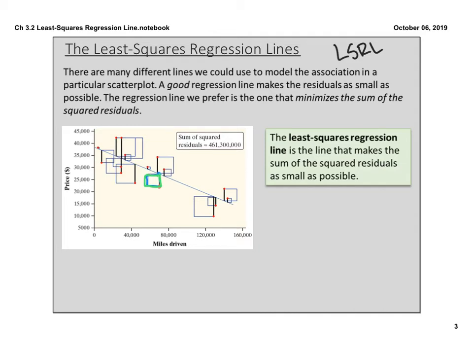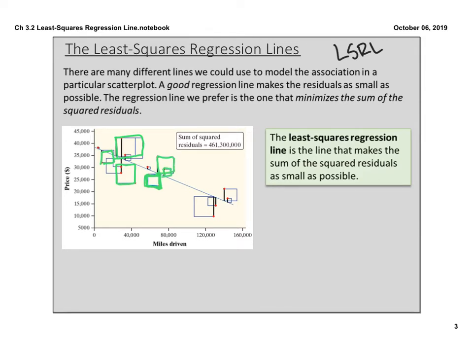If I was gonna make this residual, remember residual is that distance from the line down to the point. If I was gonna square that and add up the area of all the residuals, the line with the smallest amount of squared area is what gives us the line. So your calculator is actually going to go through and figure out what is the least amount of area if we square all these residuals.